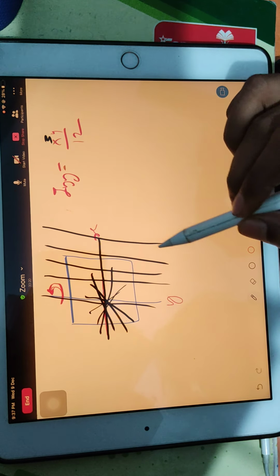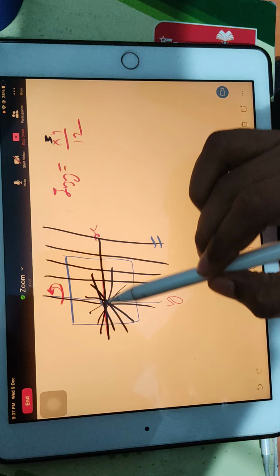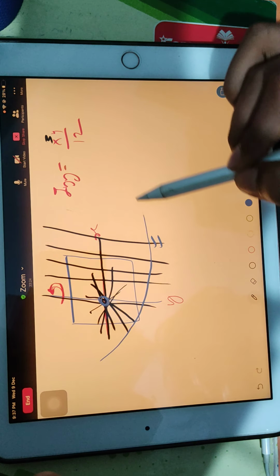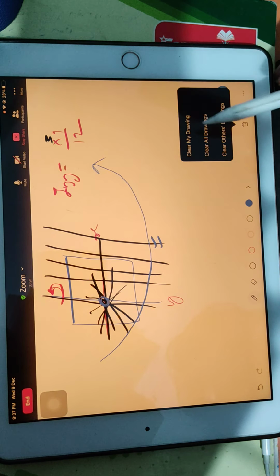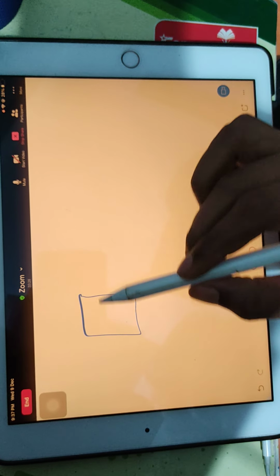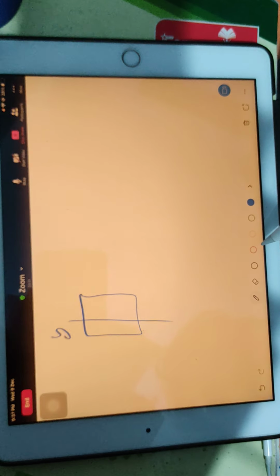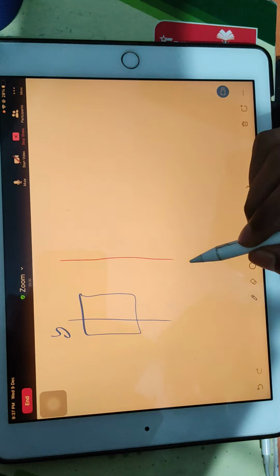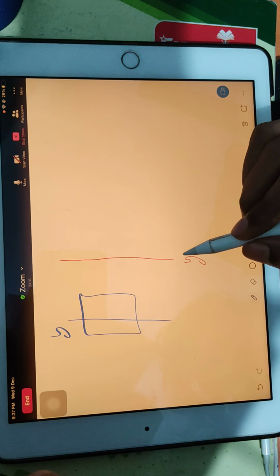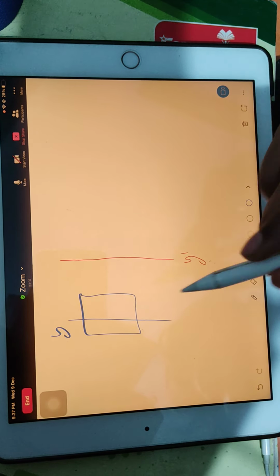So suppose that axis is this axis I am considering, and your entire body will rotate about this axis. This is a rectangle, this is the y-axis, and this is some unknown axis, considered y dash, parallel to y.